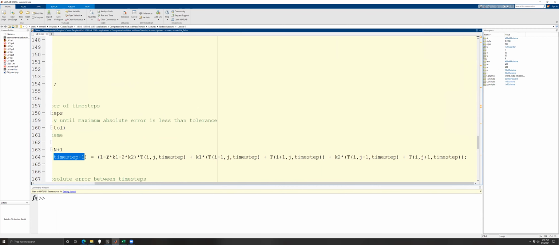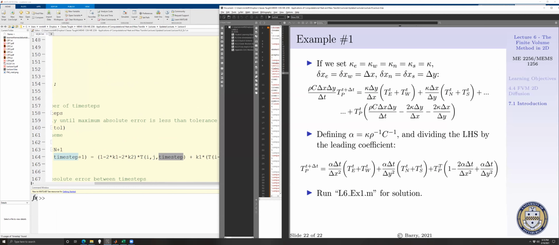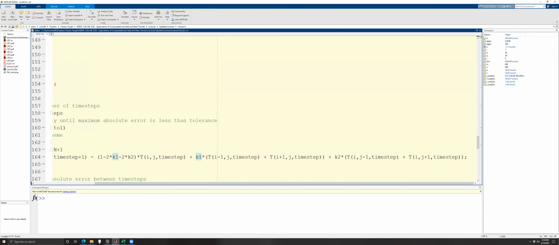We'd have 1 minus 2 times K1 minus 2 times K2 times our temperature at ij, which is our cell center, our previous time step. This is going to represent this term right here in the cursor on the right. Then we're going to have plus K1, which is representing alpha delta t divided by delta x squared, times temperature i minus 1, j at the previous time step, which is our west cell, plus temperature of i plus 1, our east cell.